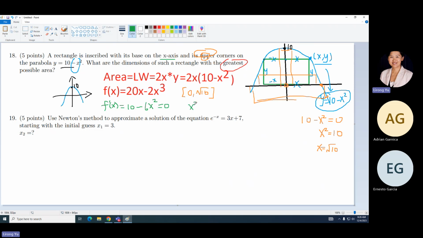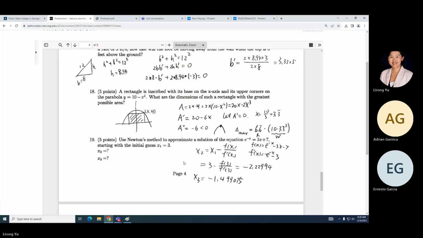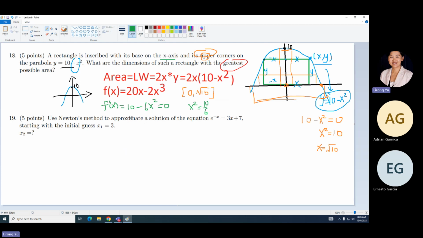Then we have x squared equal to 10 over 6. Yeah, it would be 20. So it's 20 minus 6x squared, x squared equal to 20 over 6 or 10 over 3. Then x actually equals the square root of it, square root of 10 over 3. That's the right x value.